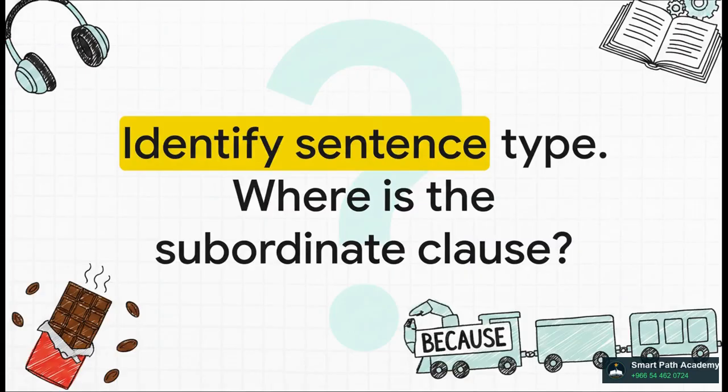Notice how the word because right at the start acts exactly like a trap. It traps the entire first half of the sentence. Because the mixture is conched in a machine, that cannot stand alone. It is totally dependent on the second half to make any sense. Therefore, case closed. This is definitively a complex sentence with a subordinate clause sitting right there at the beginning.